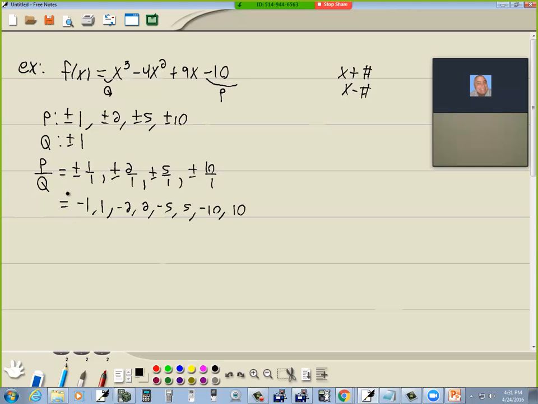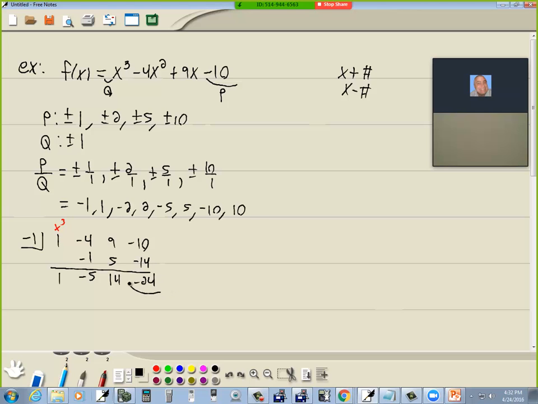Okay, now what we're going to do to find the zeros is we start with our first possible answer, and we want to plug it in synthetic division. Now this, remember, is x to the third, so we'll keep that in mind. So we'll add, multiply, add, multiply, add, multiply, add.